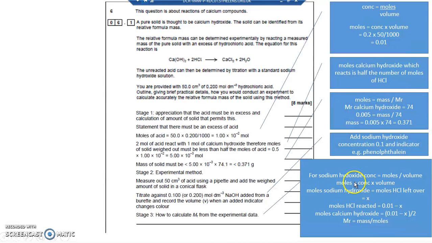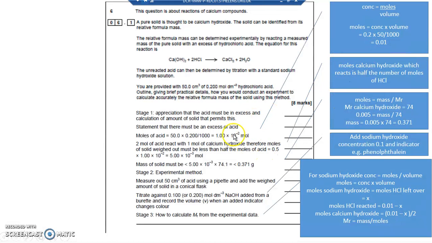So the number of moles of sodium hydroxide that I've just worked out is equal to the number of moles of HCl that's left over in this reaction. Let's just call it a value X. So the moles of HCl that are unreacted is X. The moles of HCl that have reacted are however many I started with.